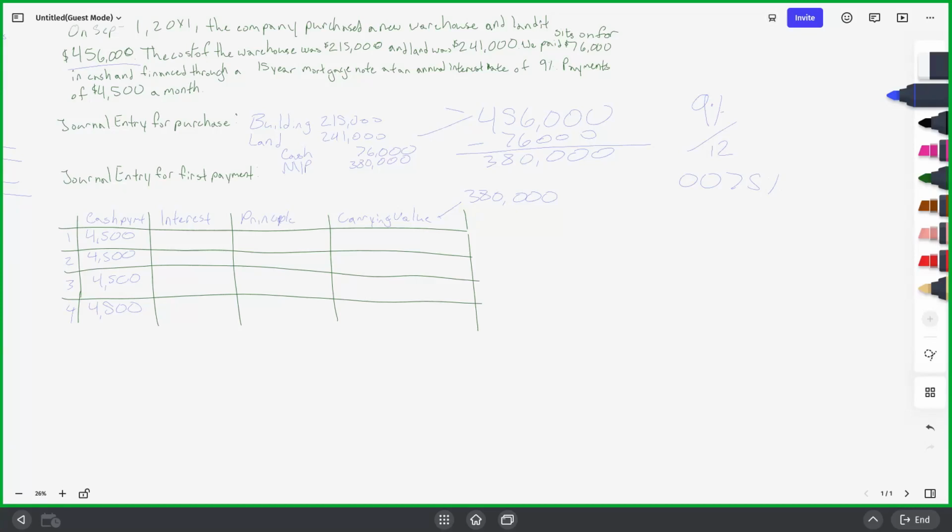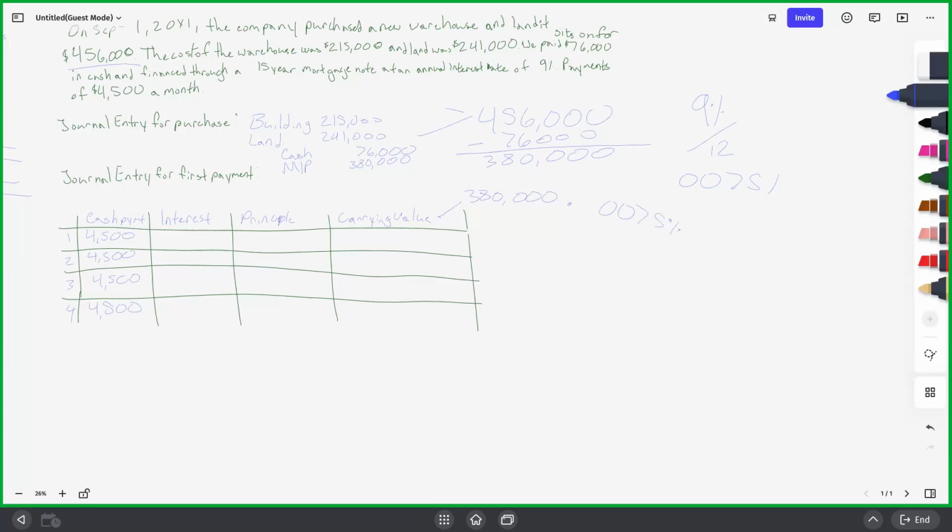So what are we gonna do with that new interest rate? Multiply it by. Would it be 4,500? So what are we gonna multiply this by? Oh, you're 384. 380. We're gonna take that 380, times that by our new interest rate.